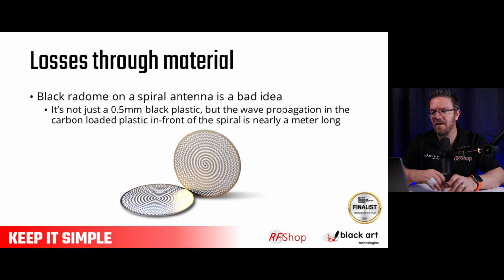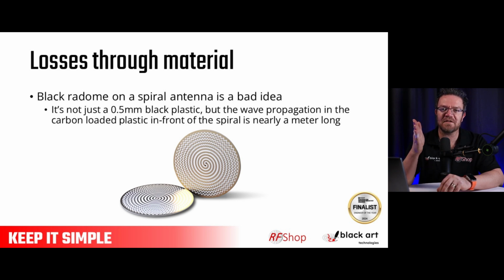Next topic: losses through material. This is where I'm going to be a little bit real, because this is from a past experience in my early engineering career. I had a spiral antenna that I made, and the task was to get a black looking radome in front of the spiral. Cool.